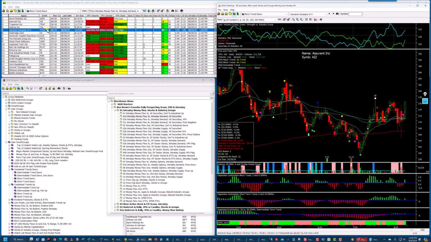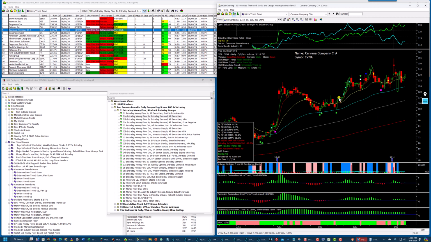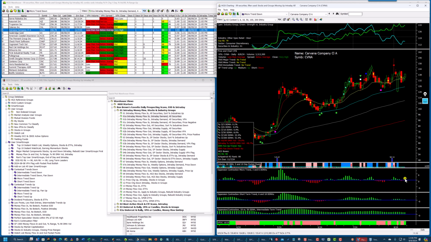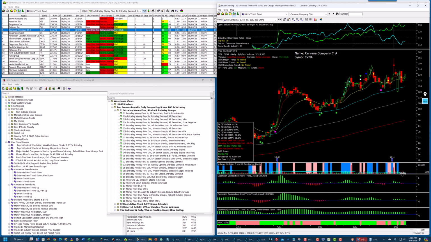Let's look at Carvana. Okay, so looking at this down here, you can see the histogram was negative because the 3 was below the 6, and now it's moving up. So we have a strong chart here. We know this is strong because, first of all, the fan is up.